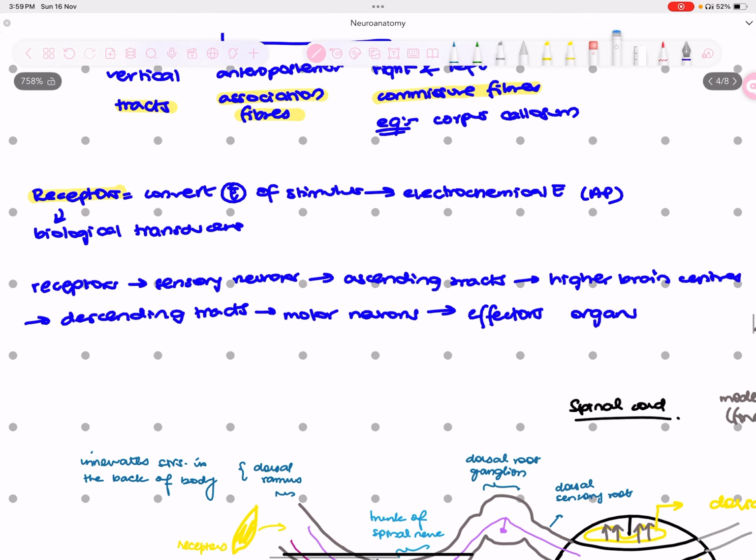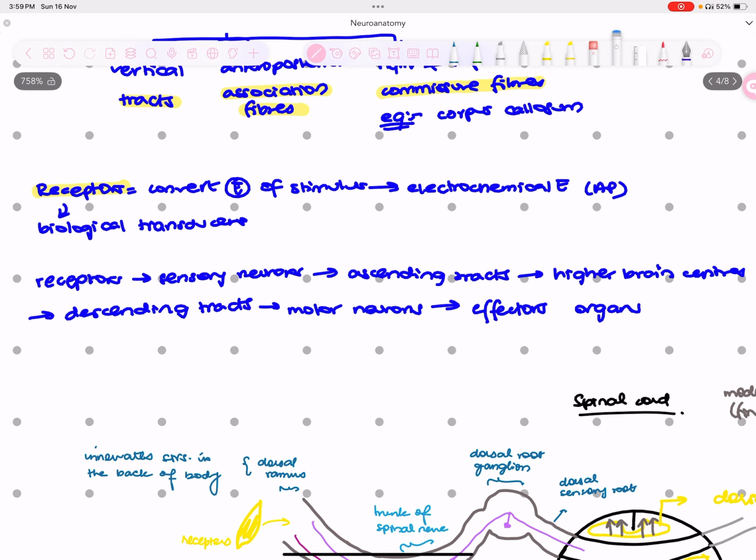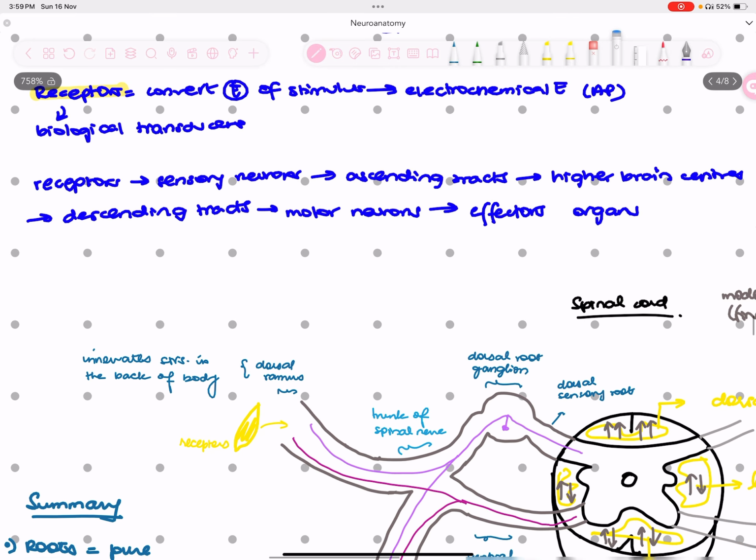Now, what are receptors? Receptors are basically biological transducers. They are capable of converting the energy of a stimulus into the electrochemical energy of an action potential. Transducers are those components which can convert one type of energy into another type of energy. Receptors take up the information and convert the energy from the stimulus into the electrochemical energy of the action potential, and that information is taken up by the sensory neurons.